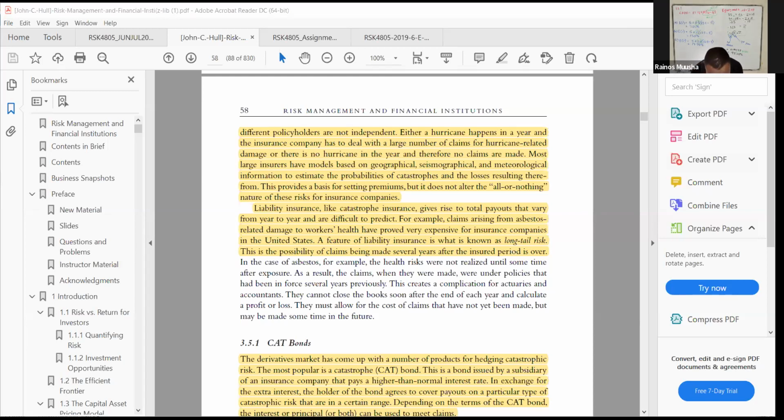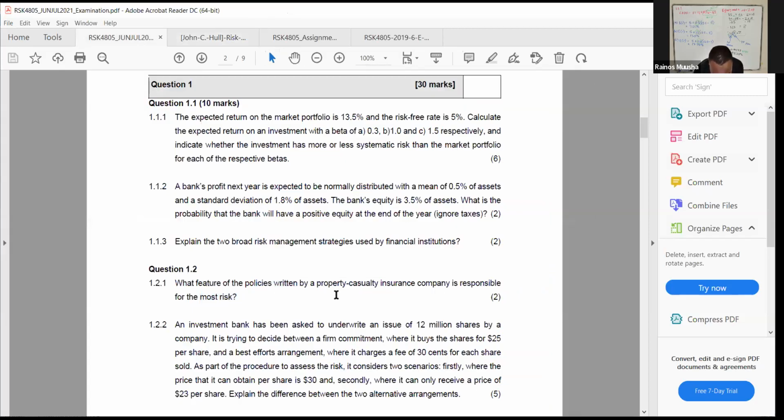Going back to the question where they say, what feature of policies written by a property casualty insurance company is responsible for the most risk?